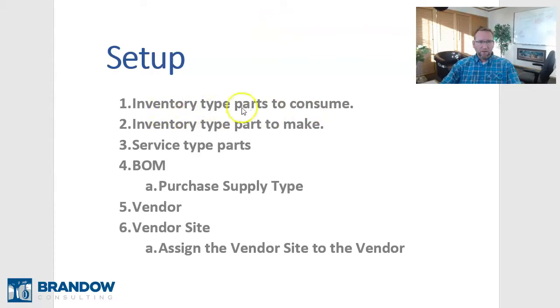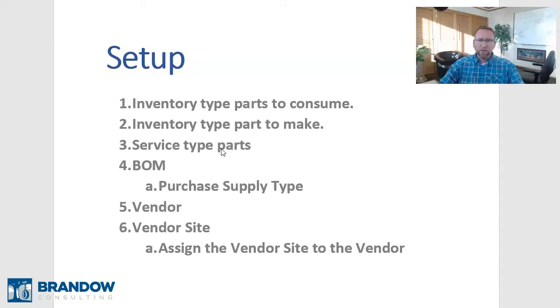You've got to create the inventory type parts, the parts that you consume, and the parts that you make. So I needed to create a part for a sleeve. It's a blue cotton sleeve. I needed to create a part for the torso. I needed to create a service type part for the sewing, and I needed to create the part that the vendor supplied, the collar of the shirt.